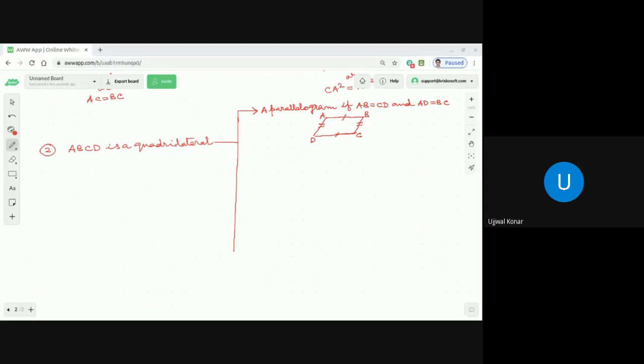Now the next point is that a quadrilateral is a rectangle. When will it be a rectangle? If it is a parallelogram and the diagonals are also equal. Correct, no?